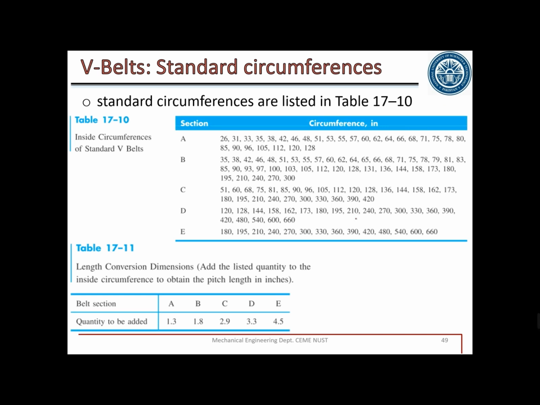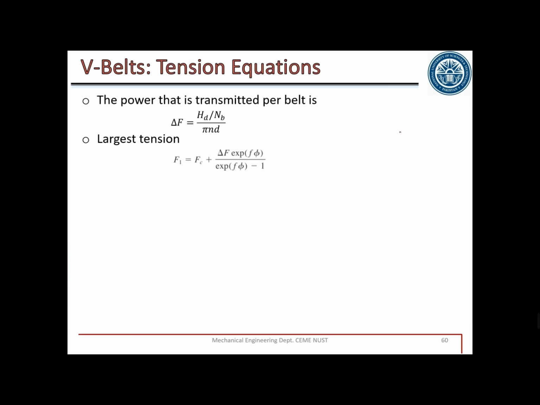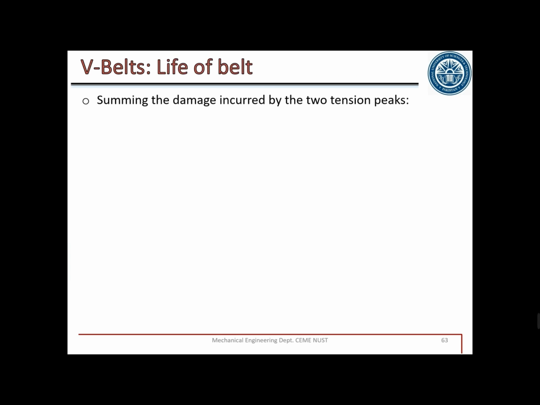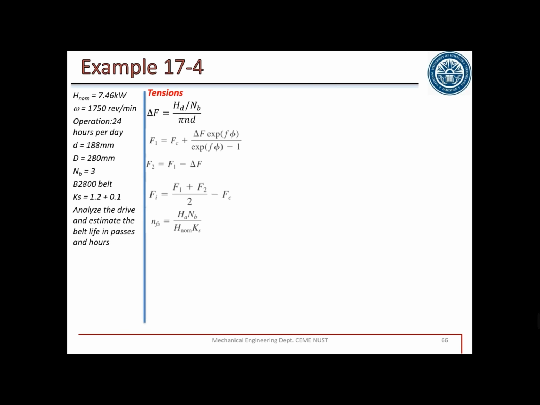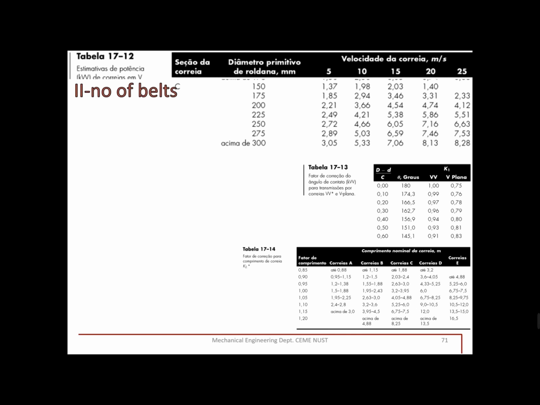Standard circumferential lengths are listed in the table, Table 17-13. Inch dimensions are given for all the sections, so you can just check. For example, for B type belt we have 53, 55, 64, 71 inch. Similarly, I have written SI edition values for the further calculation, so let me go there.